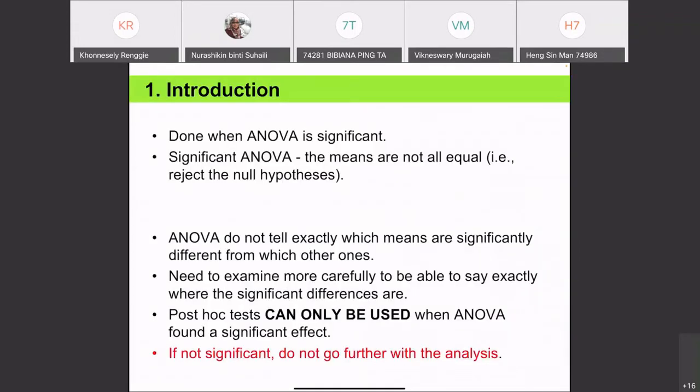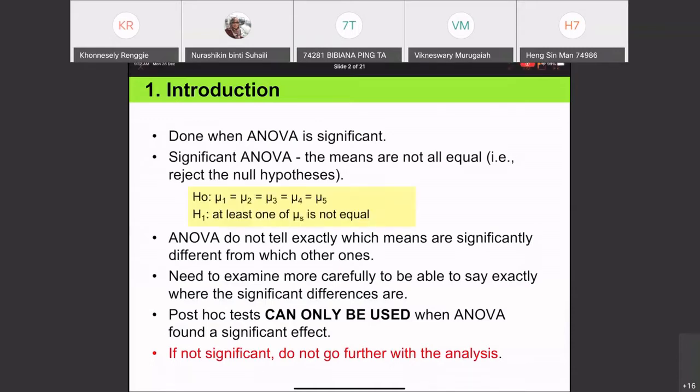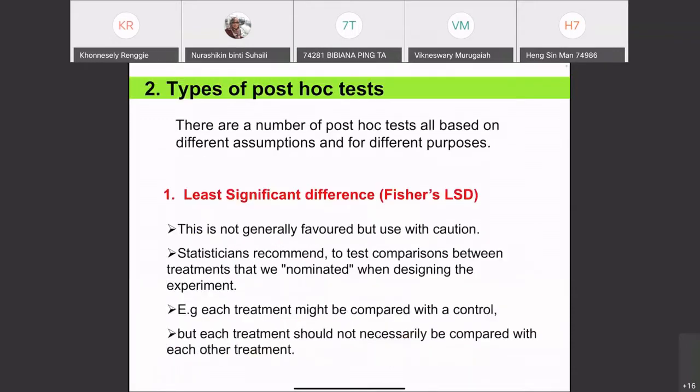Right, so this is what we learned last week. I just go through it briefly because our topic today is a continuation of last week's topic. There are altogether 4 types of post-hoc tests, the first being least significant difference, LSD.